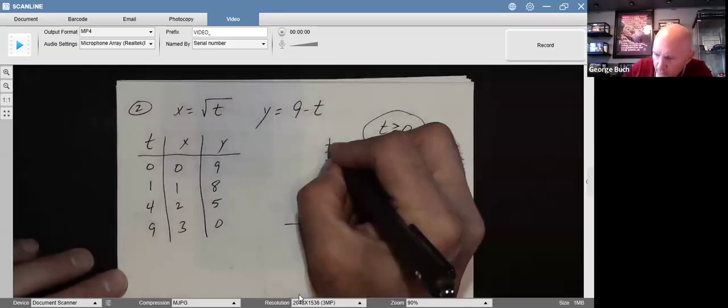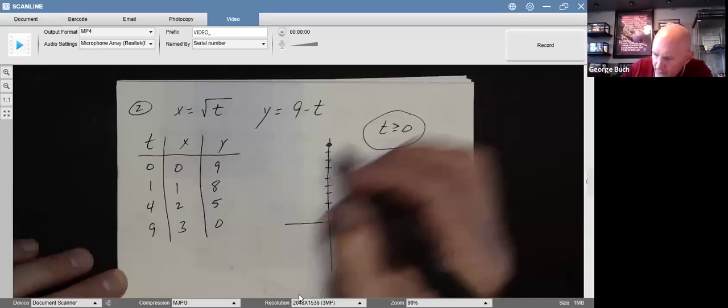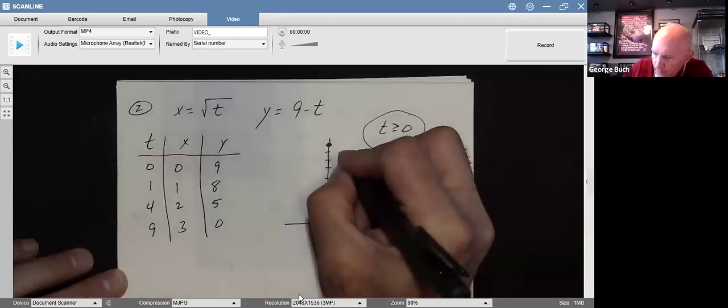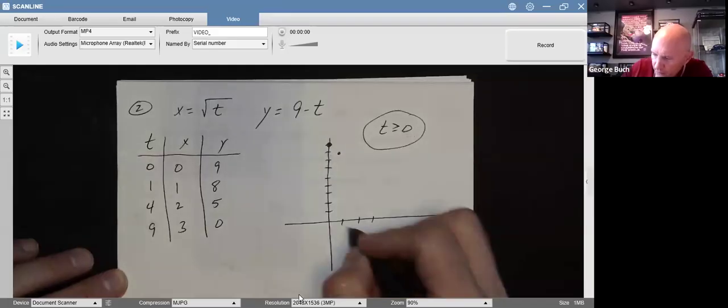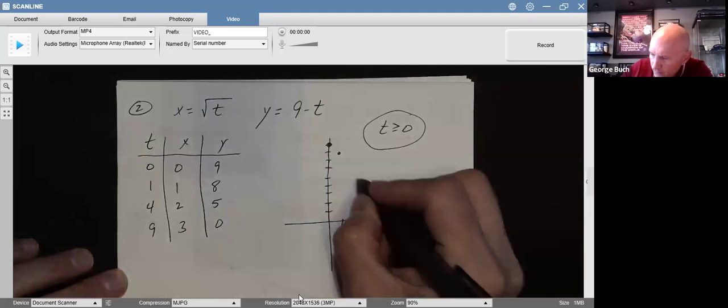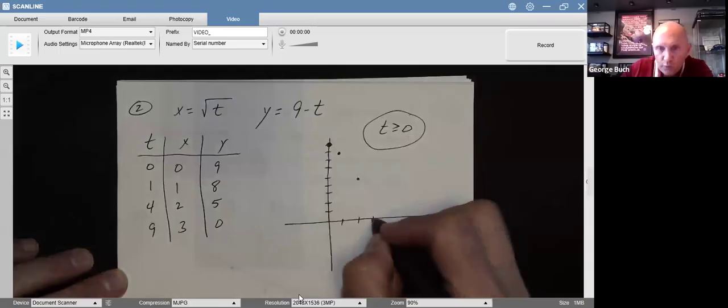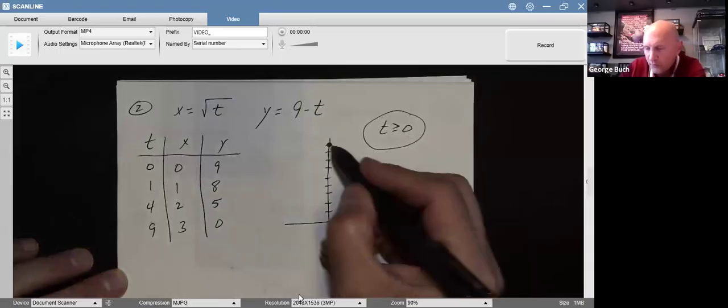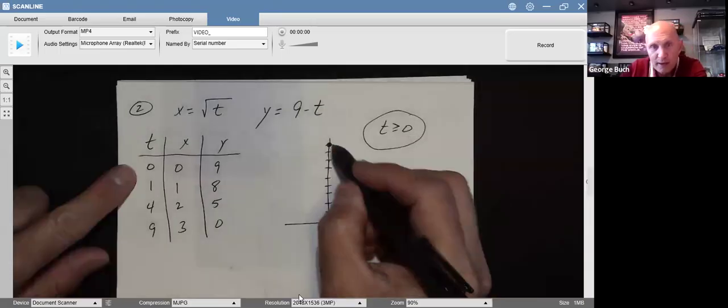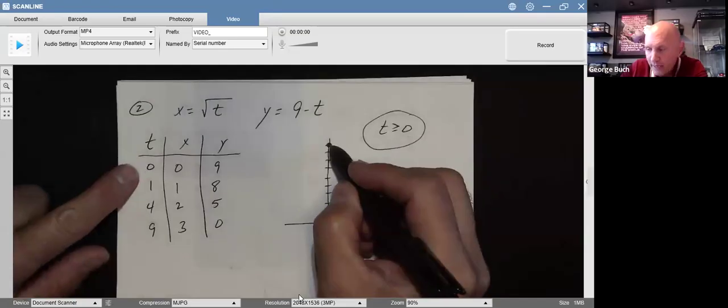So up here, 1, 8, 2, 5, and 3, 0. Again, we're not going any more to the left because we got this point here at the left by the limit of our domain.